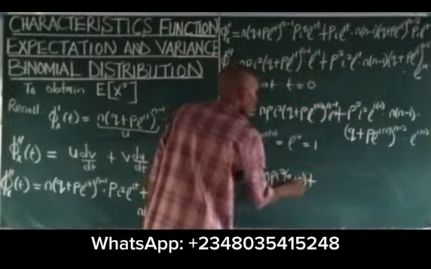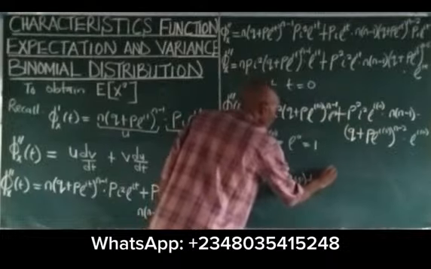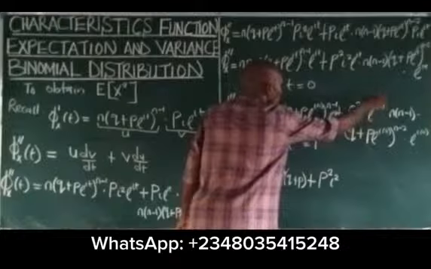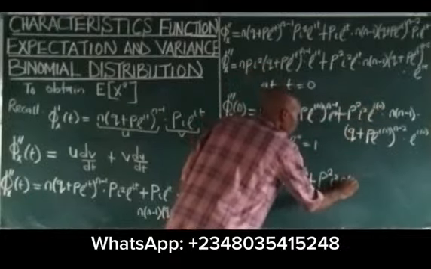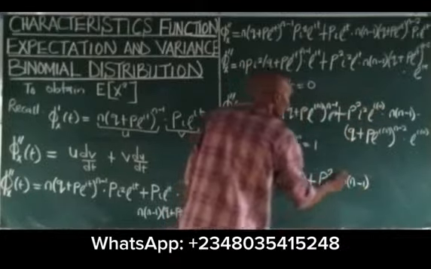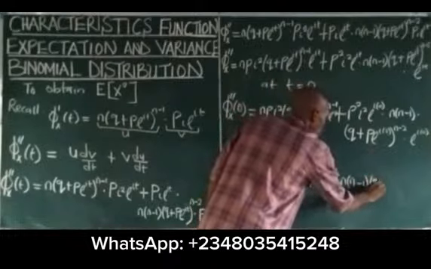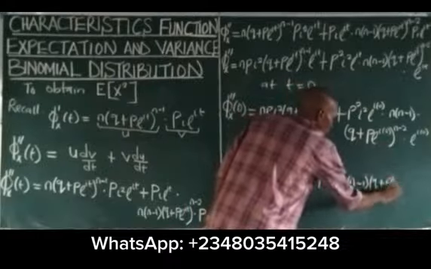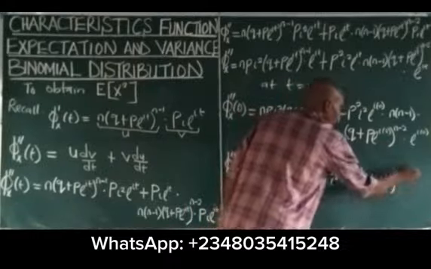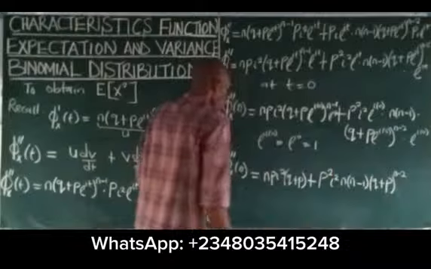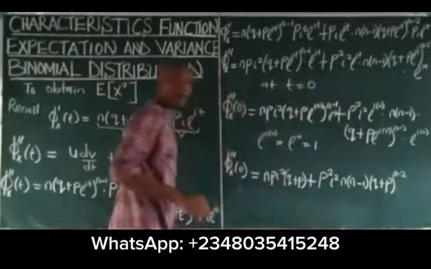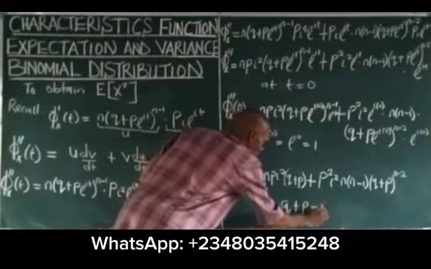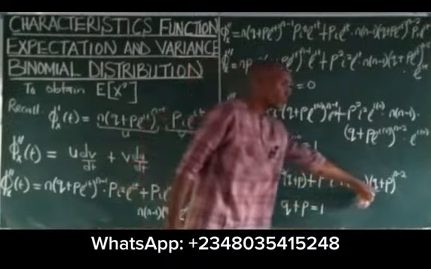Then we have plus p squared i squared, this becomes 1. So we have n into n minus 1 into (q plus p), this becomes 1, so we have n minus 2 and this becomes 1. Of course, we know that from probability distribution, q plus p is equal to 1. So anyhow we see q plus p, we write 1.